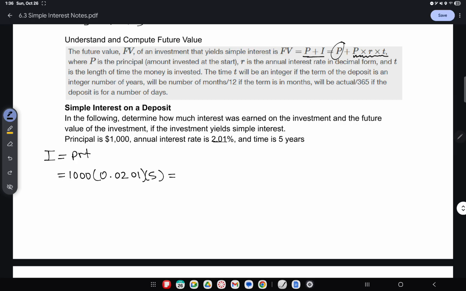So let's multiply all of those numbers together. 1,000 times 0.0201 times 5 gives me an interest of $100.50. So the total future value is that $100.50 plus the original $1,000, so $1,100.50.